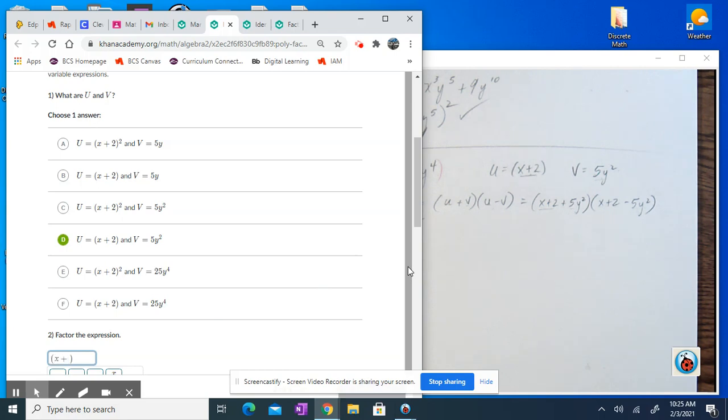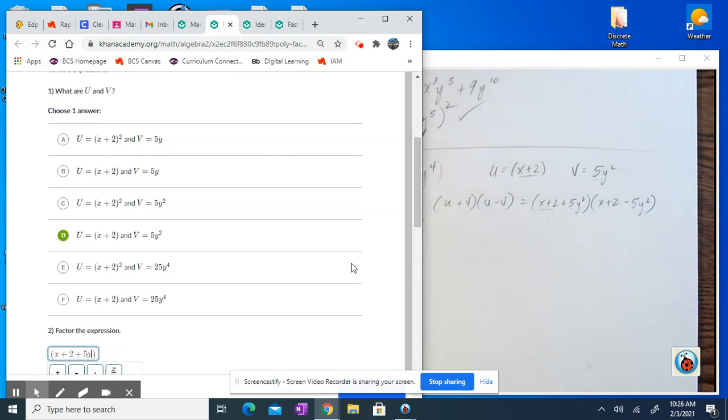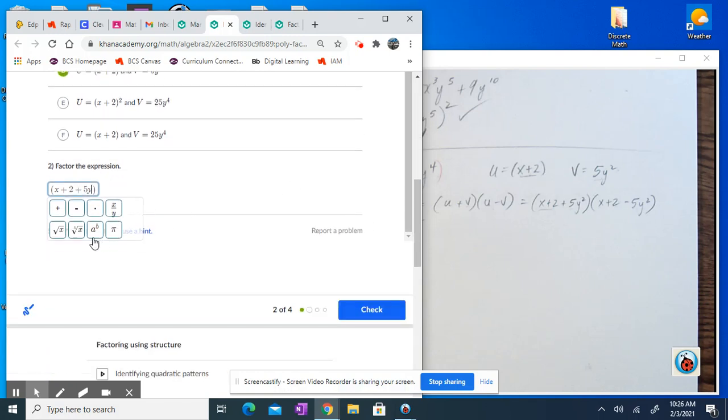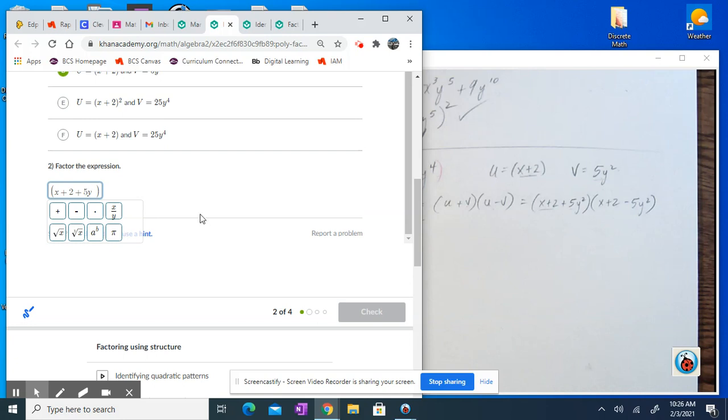X plus 2 plus 5y squared, times x plus 2 minus 5y squared.